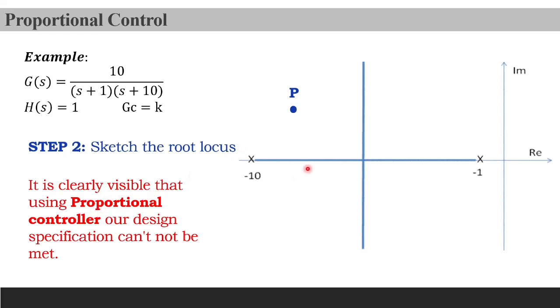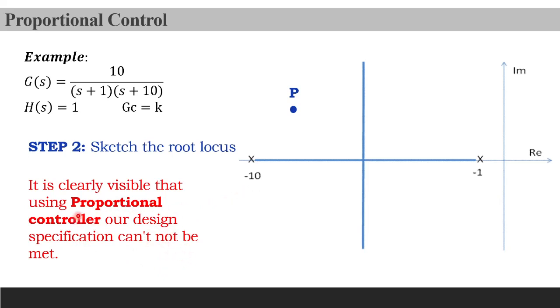Or you can simply say that the root locus is not passing through the design point, which is p, and this design specification cannot be met, right?